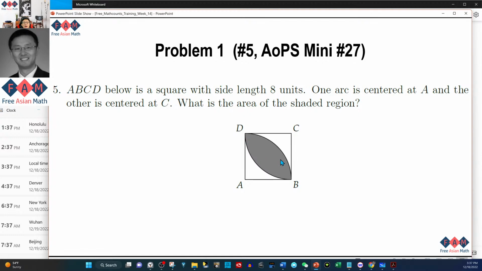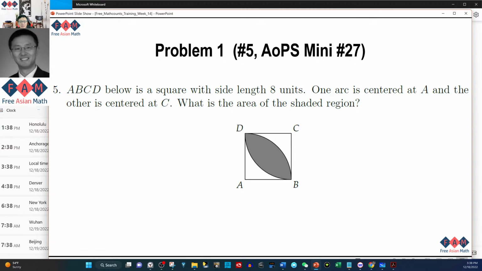The two combine together to give this shaded area, this shadowed area. So how can we compute this particular shadowed area? If you have never done any problem like this, you may, at the beginning, feel, I don't know where to start.